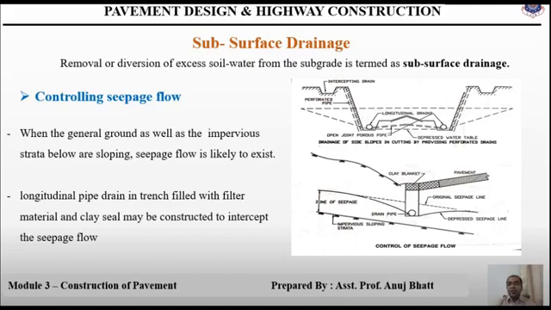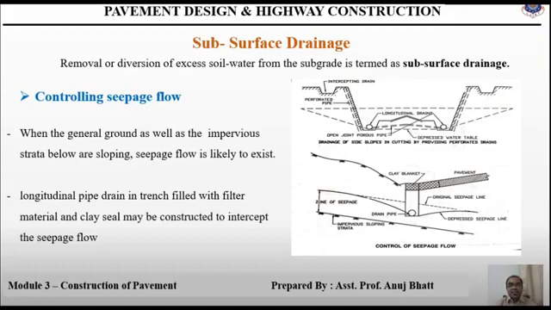In this method, when the general ground as well as the impervious strata below are sloping, seepage flow is likely to exist, and if the seepage zone is at a depth less than 0.6 to 0.9 meter from the subgrade, longitudinal pipe drains in trench filled with filter material and clay seal may be constructed to intercept the seepage flow. The figure shows the method by which the seepage line can be lowered to the desired depth.